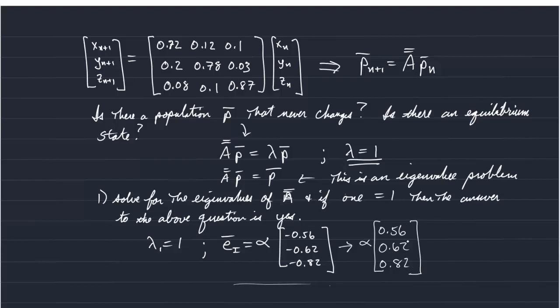And so again, this gives the steady state or equilibrium population after many years of this Markov process occurring. So as n gets really big, eventually all the movement between the states will continue to occur, and the final populations, the steady populations, in a relative sense, is given by this vector 0.56, 0.62, and 0.82.